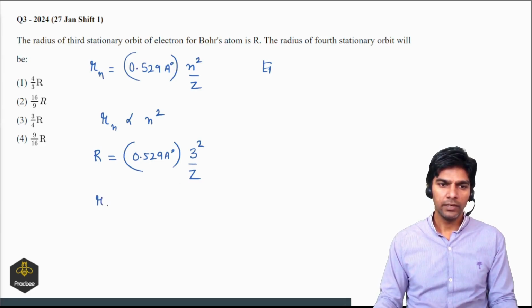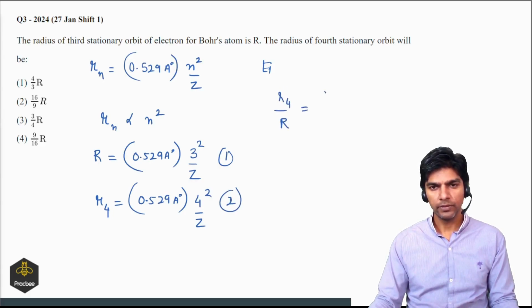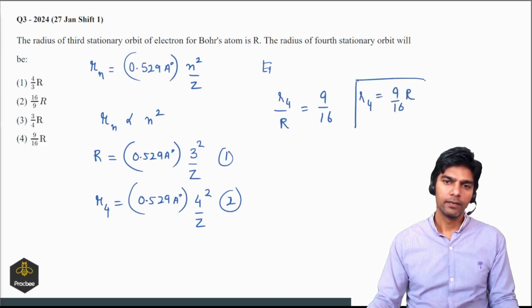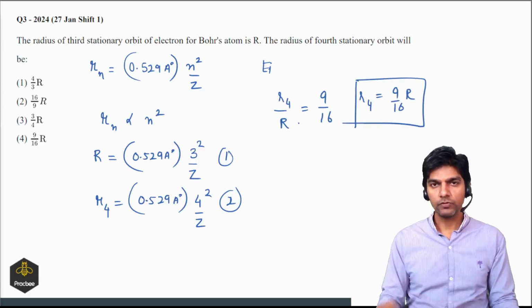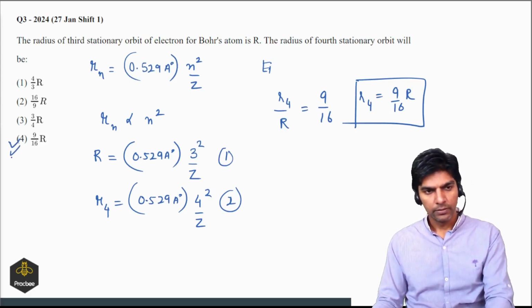So let us say r4 will be 0.529 angstrom times 4 square by z. Now let us take the ratio of 2 and 1. So r4 upon capital R will be 9 by 16. So r4 comes out to be 9 by 16 times capital R. Usually the questions will be based on proportionality. So option 4 is the right answer.